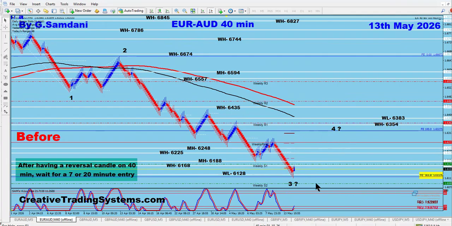Okay, so these two pairs, keep an eye on them, and any other pair. Besides this, I usually watch this pair. Forget about that. Just pay attention to these two, and you'll do just fine.